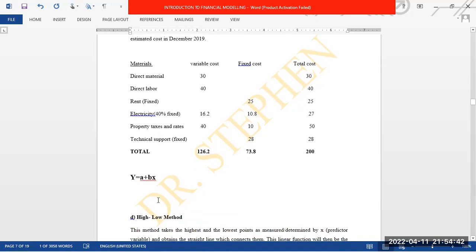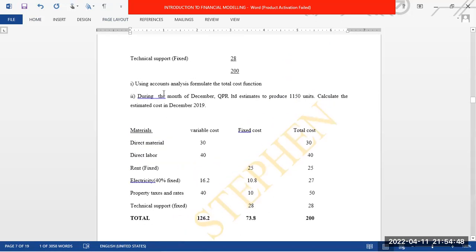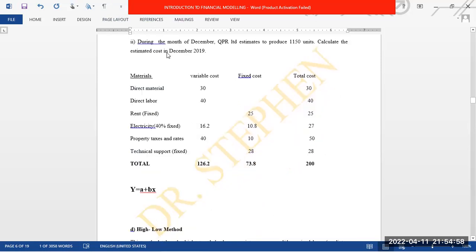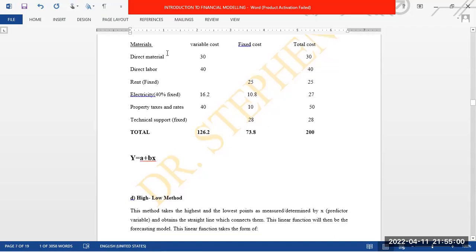Even if you come to formulas, I wanted just to do this manually and avoid too much rushing into the formulas. So for you to get the function, we have a is fixed, and the total fixed cost is here.